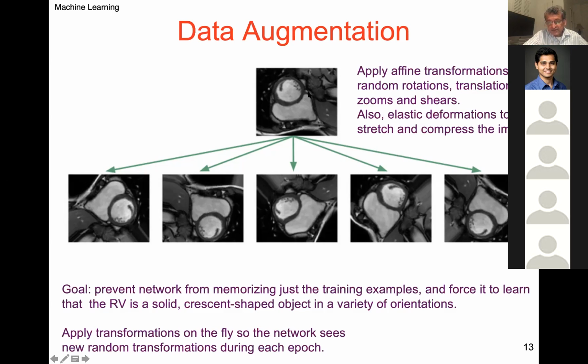But in each cross section, they need to figure out the area of the right ventricle.